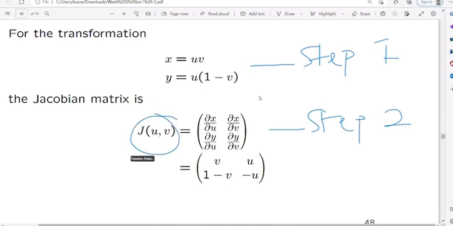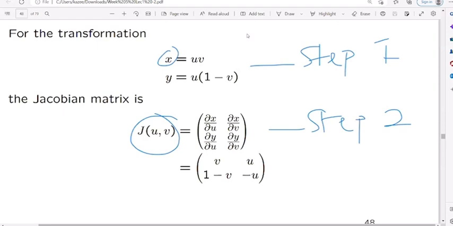The Jacobian is going to be in terms of u and v, where you differentiate x with respect to u and differentiate the same x with respect to v. Then you come back to equation 2. Somebody asked how we decide that J is arranged that way. That's a good question.